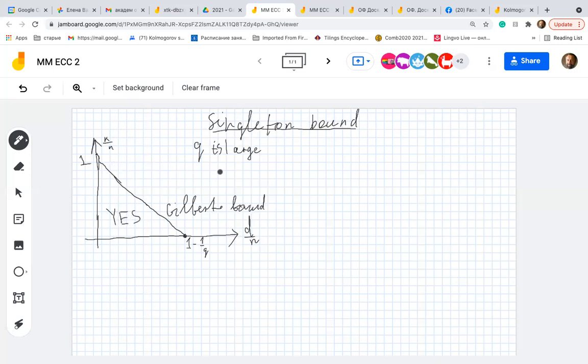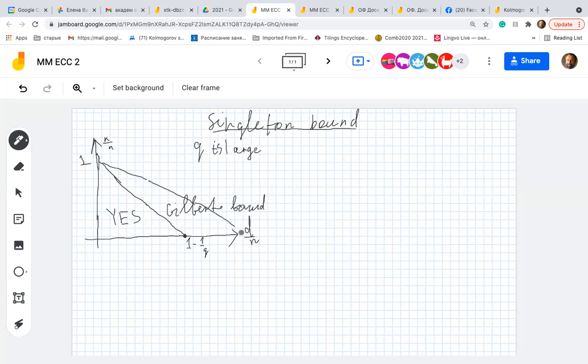And the second one, the Hamming bound, is obtained from the Gilbert bound when we stretch its graph 2 times along the d over n axis. So it becomes something like that. So the Gilbert bound for a very large Q is close to the line and also the Hamming bound.